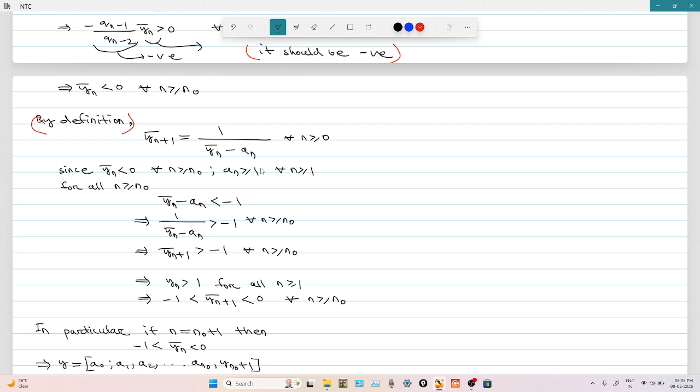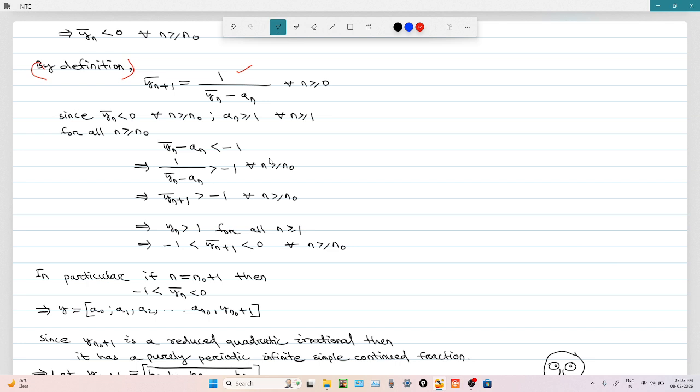From this we can write y n plus 1 conjugate is greater than minus 1 for all n greater than or equal to n0, which implies yn is greater than 1.